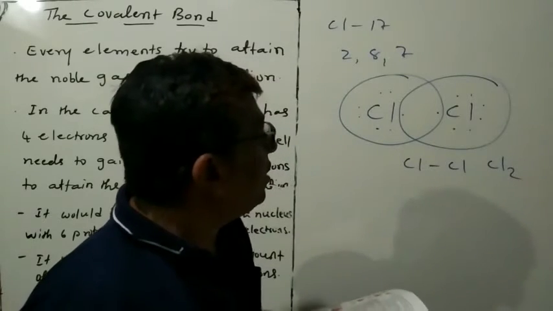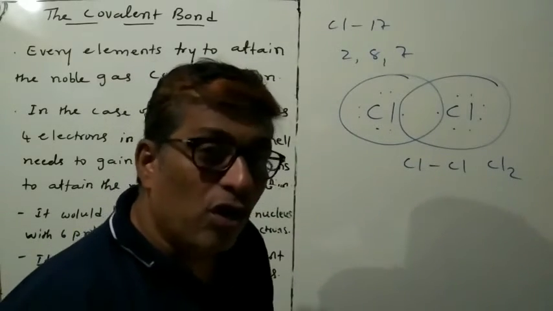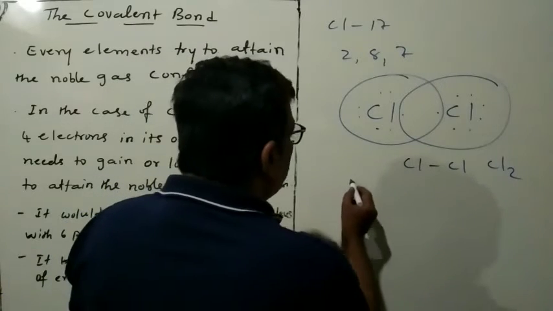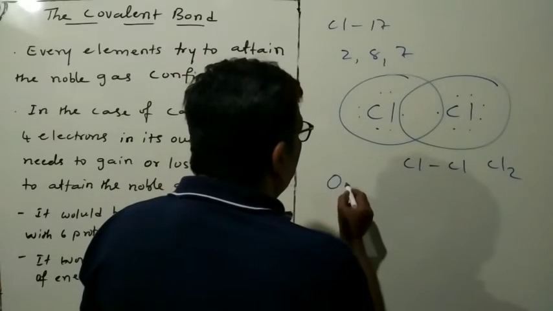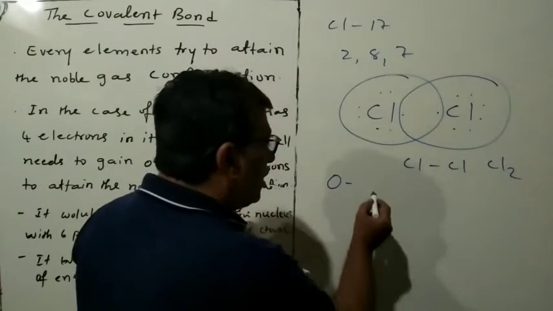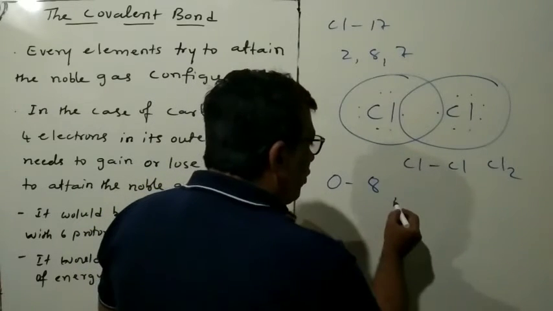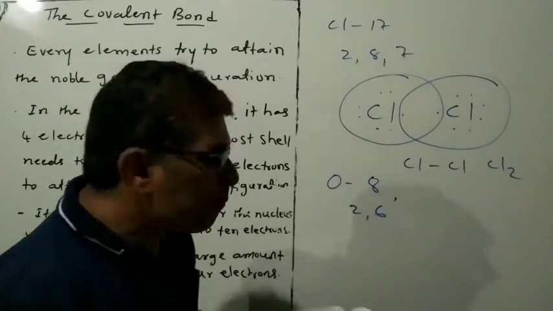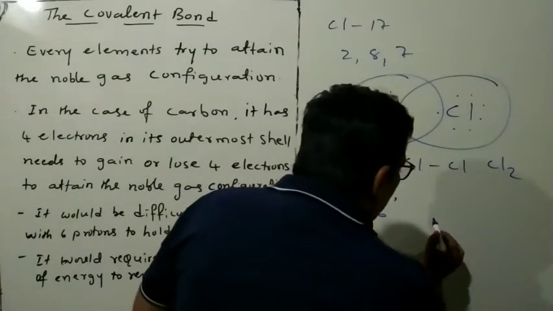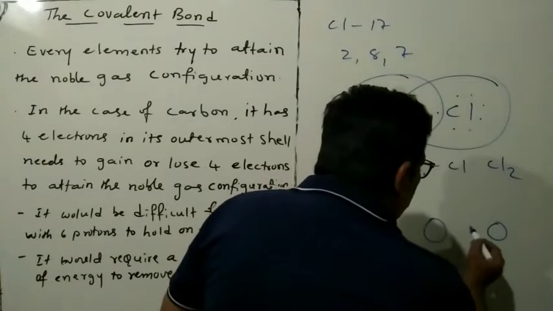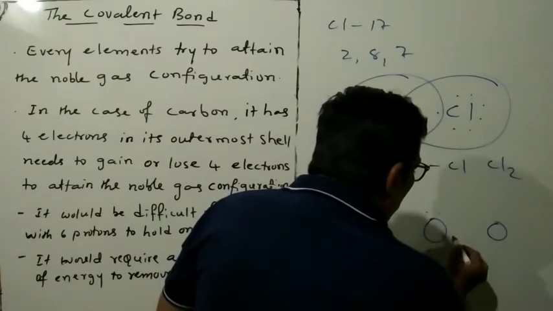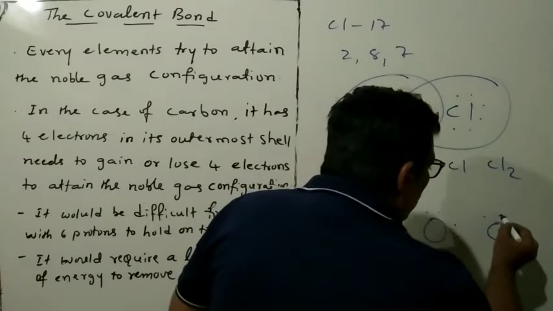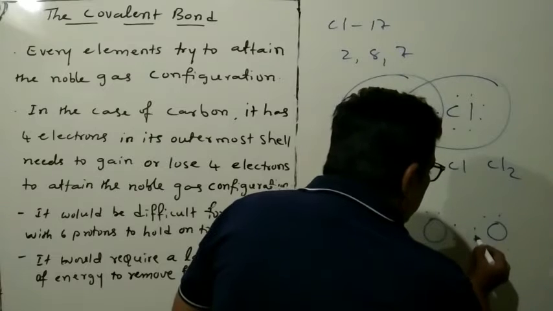And now we'll see the electron dot structure of oxygen. See, oxygen, you know that the oxygen atomic number is how much? 8. So the electronic configuration is 2 and 6. Okay. Now you see here oxygen and here also oxygen, 2, 4, 6 and 2, 4, 6.